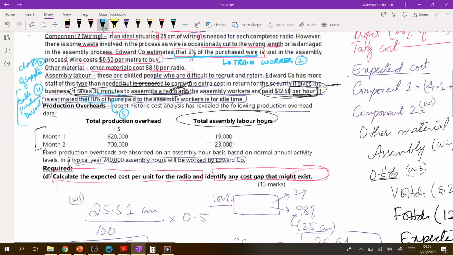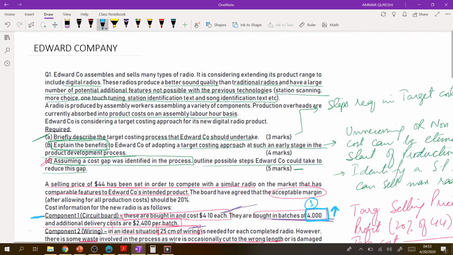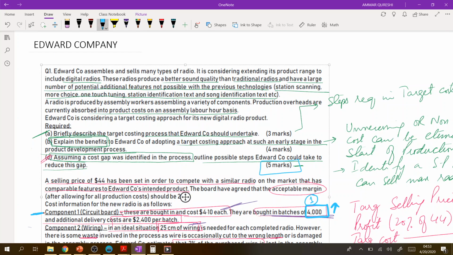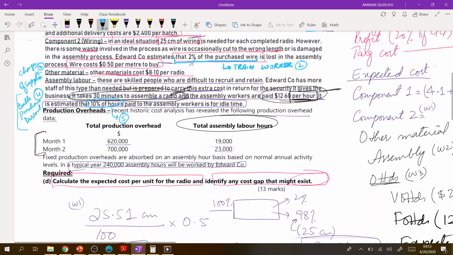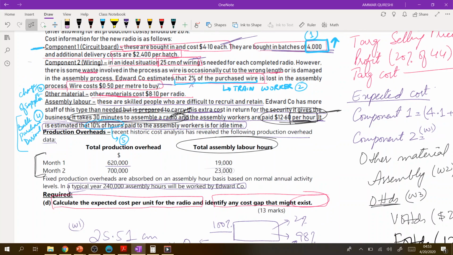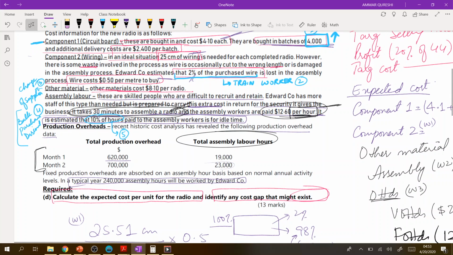So this requirement was of 5 marks, and for 5 marks we have identified five different ways to eliminate this cost gap. Don't write too much here, because for 1 mark you just need to identify what to do. Maximum 1 mark, 2 marks for explanation, not more than that.